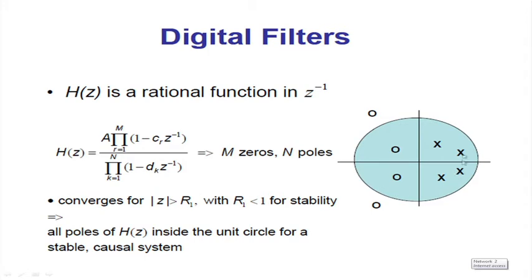I will discuss that later: if H(z) is real, then every complex pole and every complex zero has its conjugate value. So, if there is a pole here, there will be a conjugate pole here. This is the unit circle. If all poles lie inside the unit circle, then we can say it is a causal and stable filter.